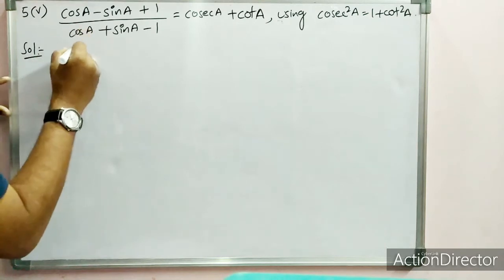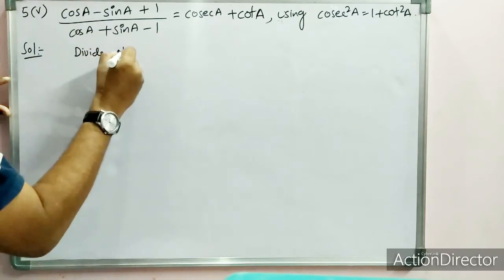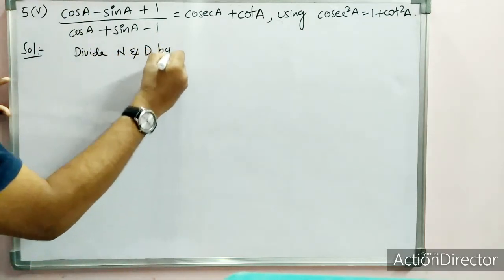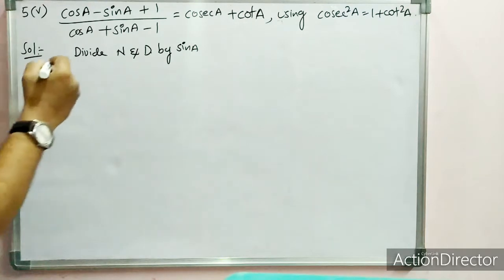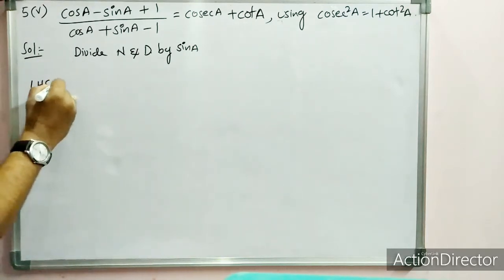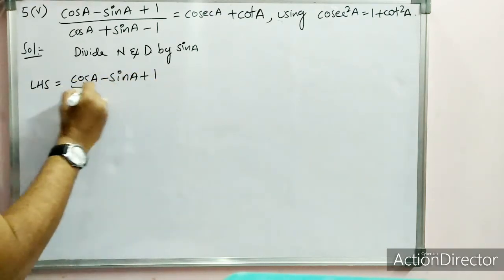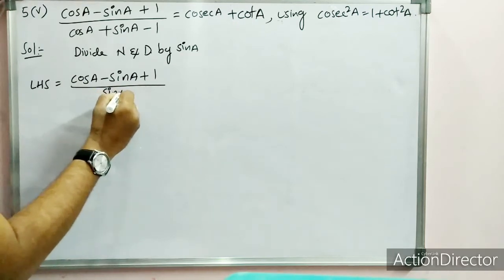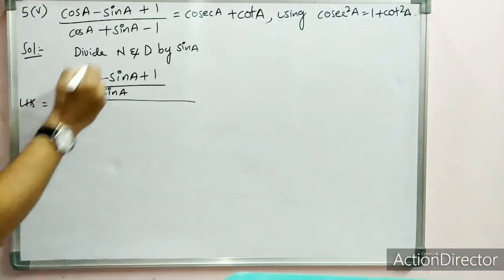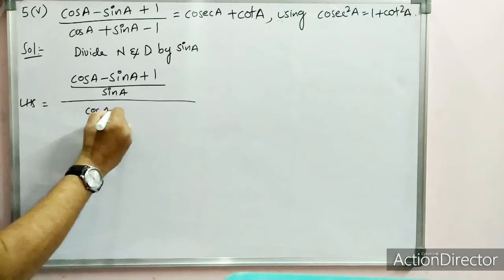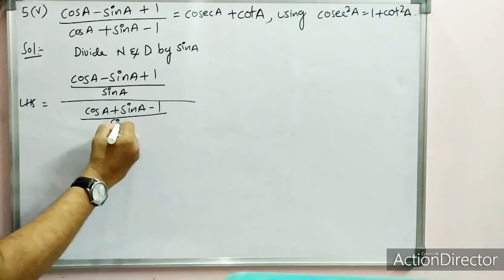First, take the LHS part and divide the numerator and denominator by sine A. Therefore the LHS will become cos A minus sine A plus 1 by sine A, and the denominator is cos A plus sine A minus 1 by sine A.